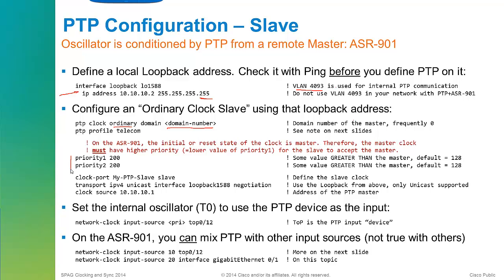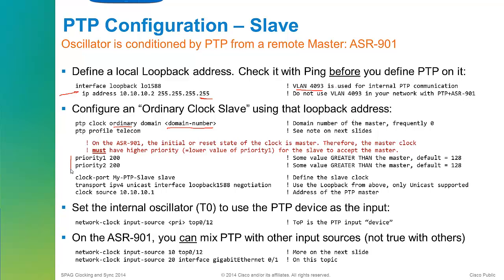For that to happen, it has to see a master that has a higher priority. A higher priority means a lower priority 1 value. So priority 1 here, 200, is lower in priority than the standard default of 128. Wait, the default on the Grandmaster will be 128.